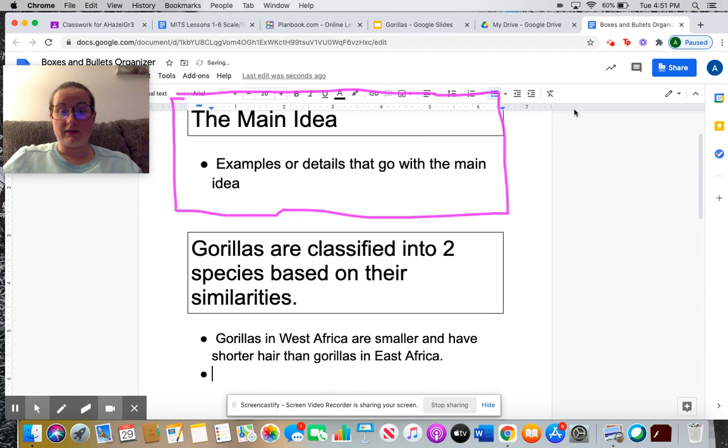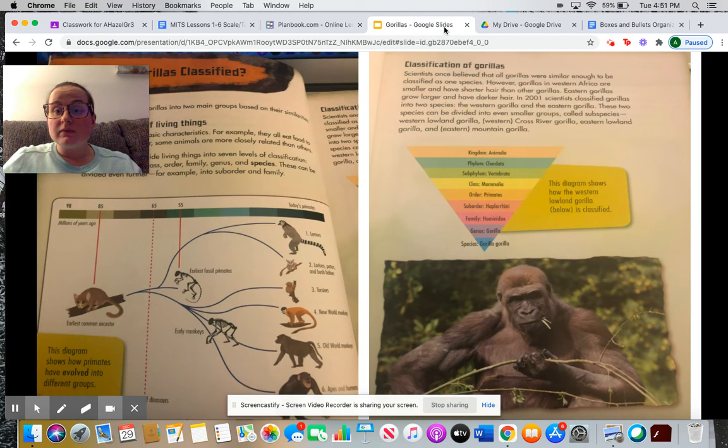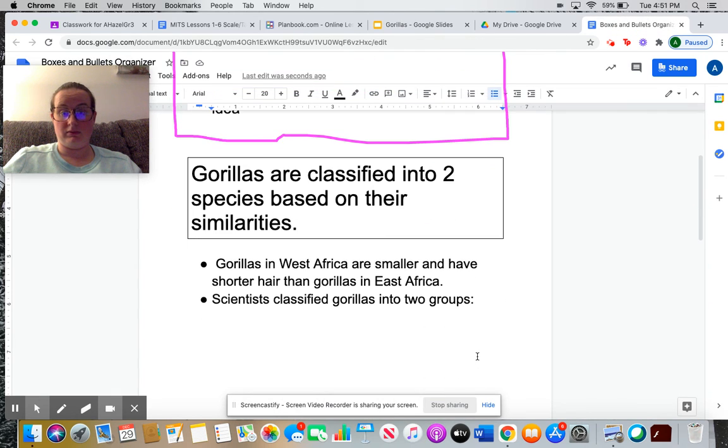So scientists classified gorillas into two groups. And what are those groups? Good. Western and Eastern gorilla. Two groups or species, I could say.